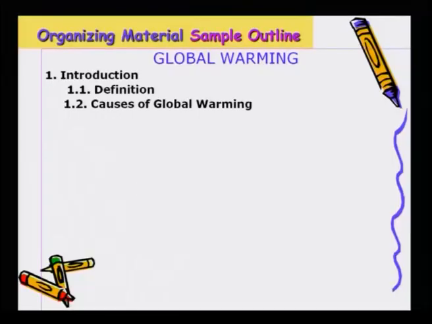Now, let us look at a very simple sample outline. Suppose you have to talk about global warming. You begin with introduction. So, the first chapter will be introduction about global warming, followed by minor subtopics in this introduction.